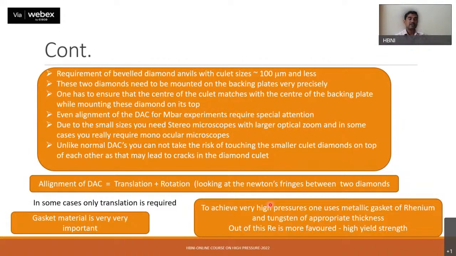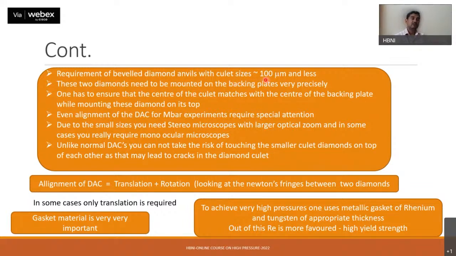To achieve very high pressures, megabar pressures or beyond, you really require beveled diamond anvils with culet sizes of 100 micron and less, depending on what pressures you want to go to. And of course, this is kind of a one-way journey. Once you achieve higher and higher pressures, your diamonds mostly crack on release.